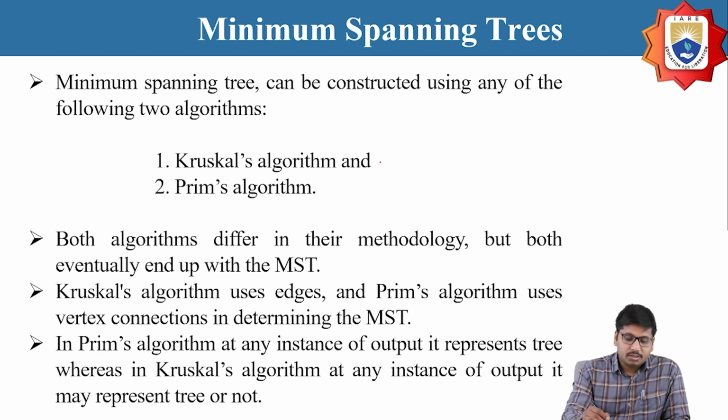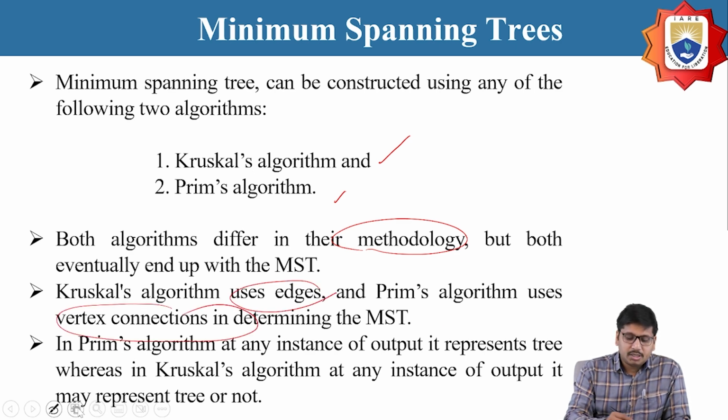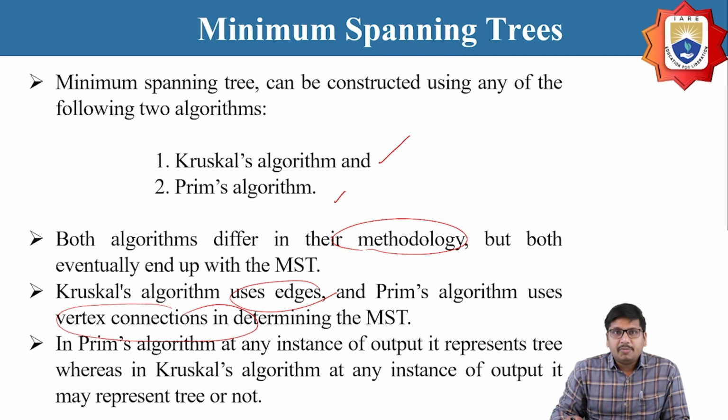The first one is Kruskal's algorithm, the next one is Prim's algorithm. Both algorithms differ in methodology, but eventually produce the spanning tree. Kruskal's algorithm uses the edges, whereas Prim's algorithm uses the vertex connections in determining the spanning tree.